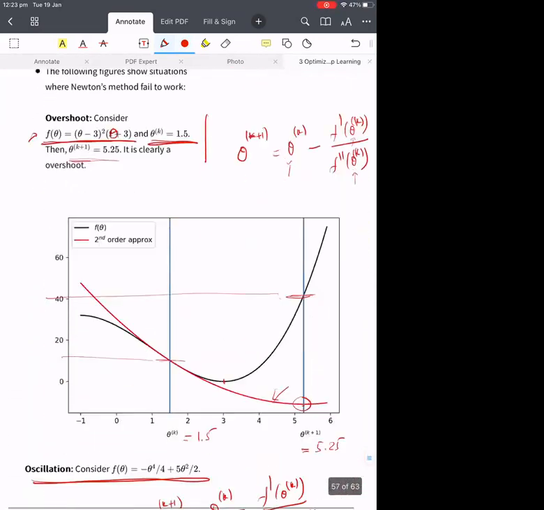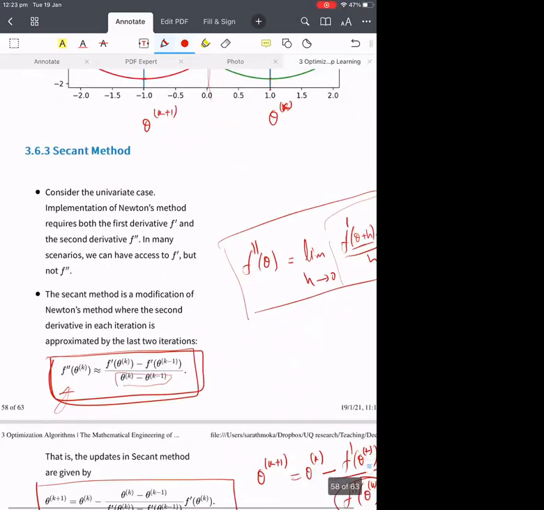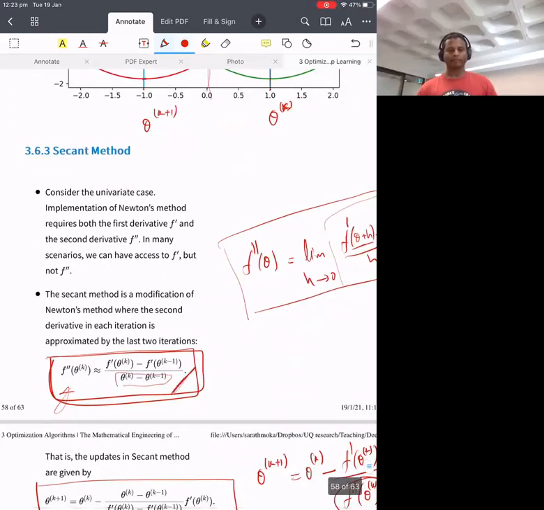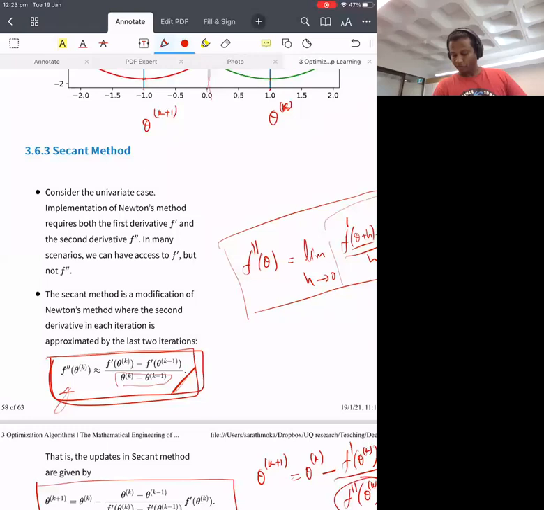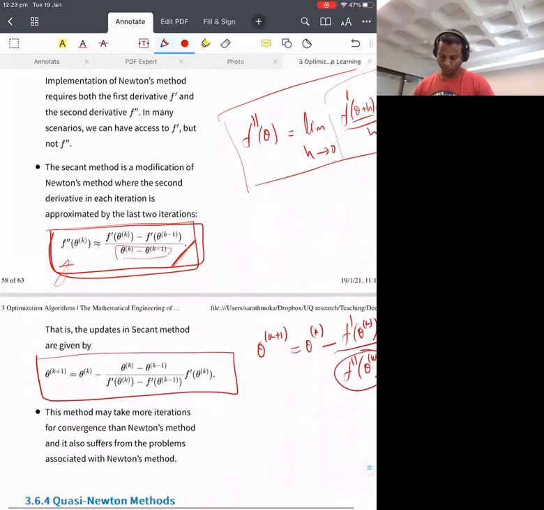Yes. We approximate it. So in the secant method, we do not calculate the second derivative. Instead, we approximate it and just substitute in this update.